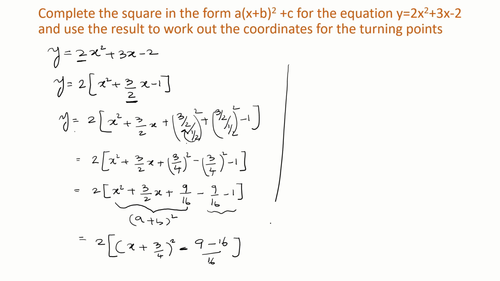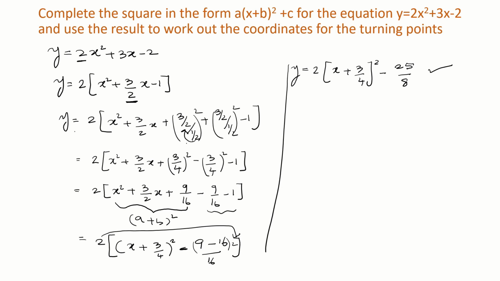So I'm writing on the other side, that is y equals 2 times x plus 3 by 4, the whole squared, minus 25 by 8. This 2 comes over here and multiplies, this 16 will cancel, and we get 25 by 8. So this is the equation. Finally we have arrived at the desired form.